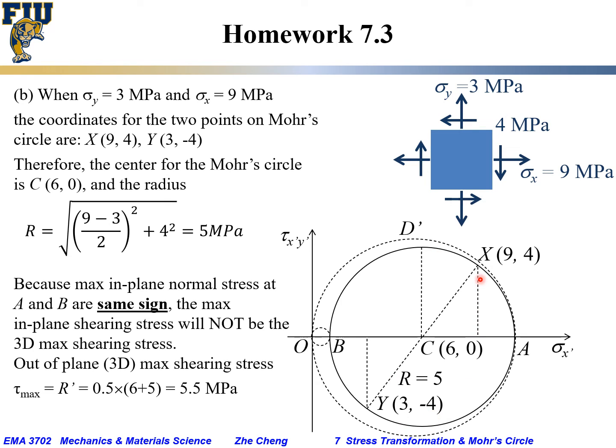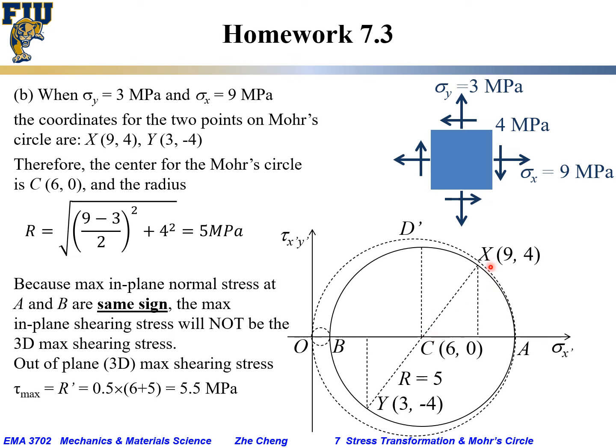So again, we also know the coordinates for two related points, and when you connect them, the center would be 9 plus 3, 12 divided by 2, 6, comma, 0. And again, 9, 4, 6, 0, the horizontal, for this special triangle, the horizontal would be 3, the vertical would be 4, the radius would be 5.